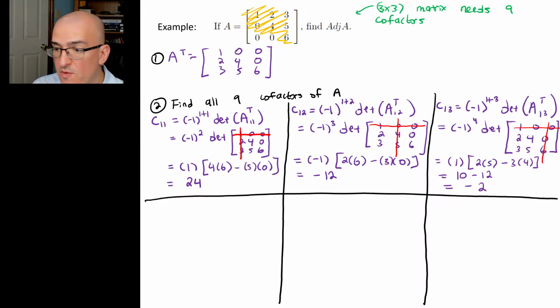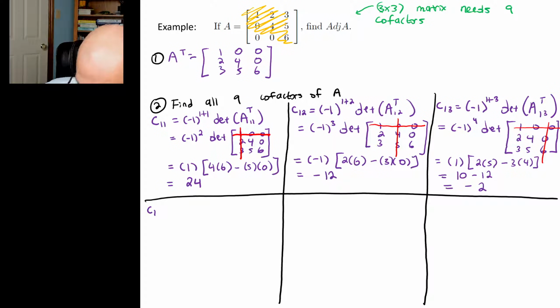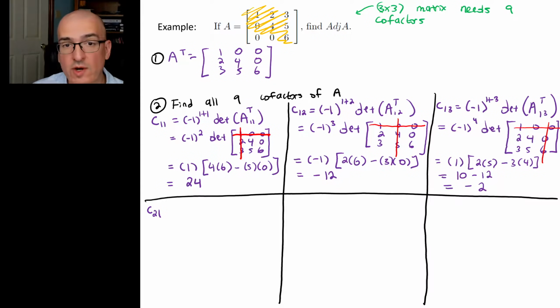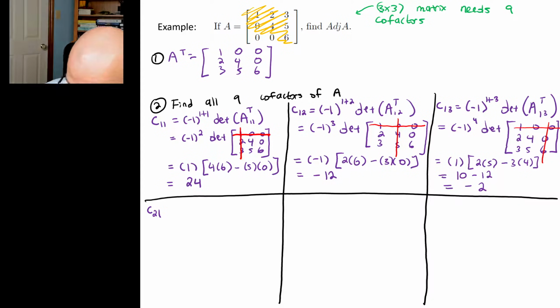Okay, now we'll keep going. Let's get the next one, C14. Oh, no, I'm a liar, not C14, C21. We're done the first row, now we're going to the second row. So C21, -1 to the power of 2 plus 1 times the determinant of A transpose 2, 1. So -1 to the power of 3.